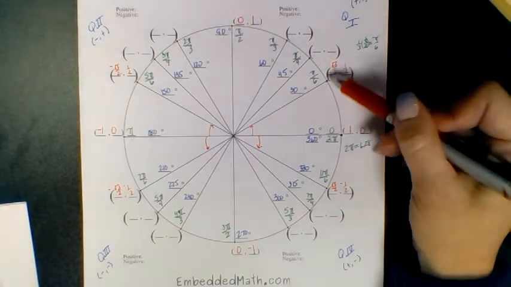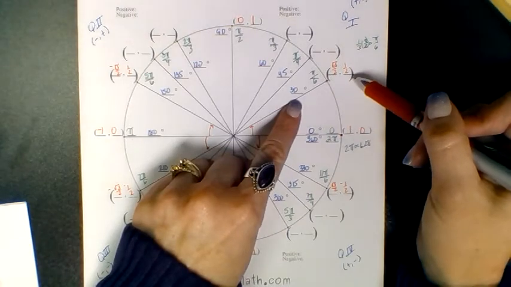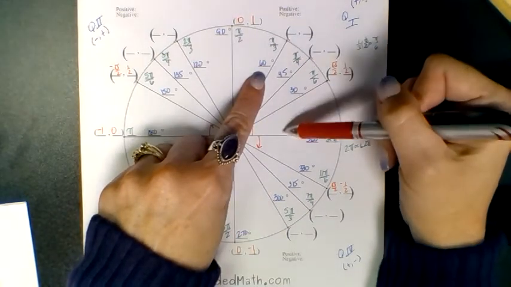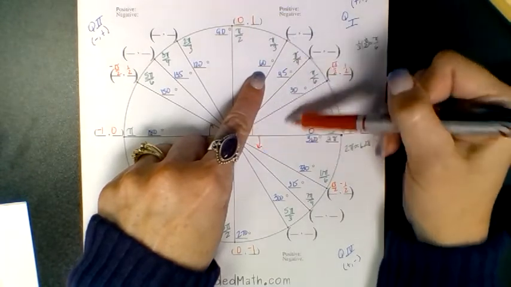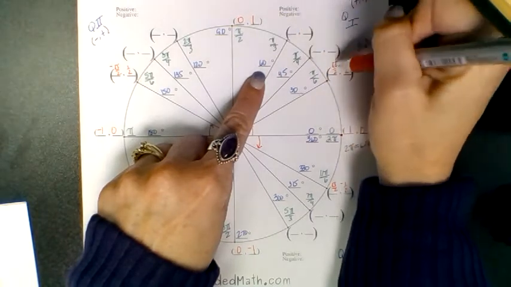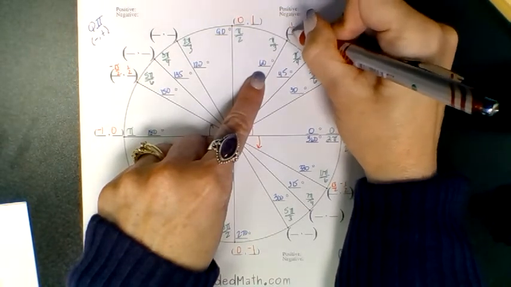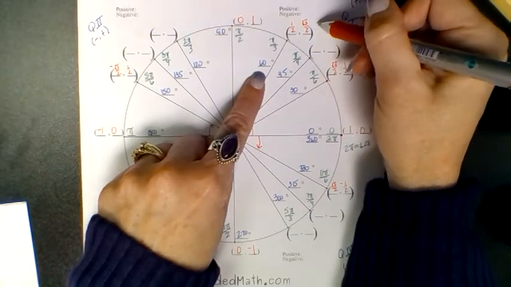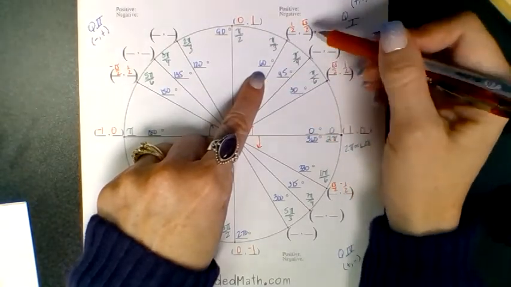Now, this coordinate pair for 30 degrees is just switched when I get to 60 degrees. At 60 degrees, the x-coordinate is the shorter value, and the y-coordinate is the larger one. So instead of square root 3 over 2 and 1/2, I have 1/2, square root 3 over 2. And that is going to be the coordinate pair for every angle that is 60 degrees from the x-axis.